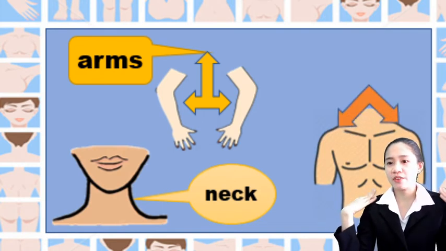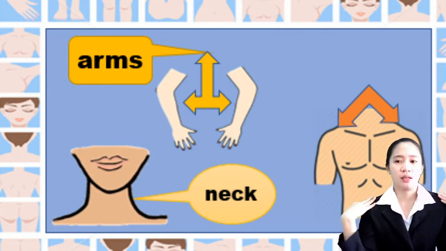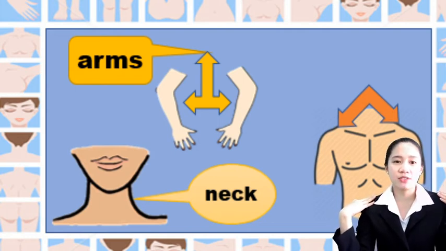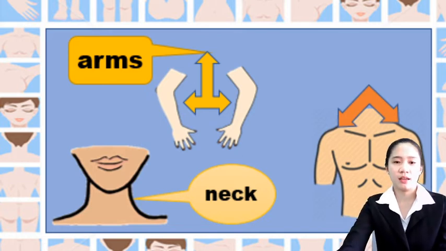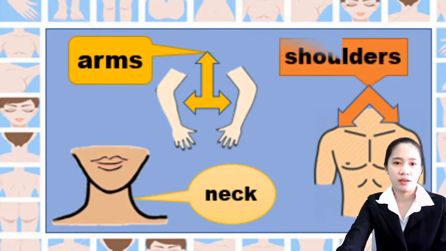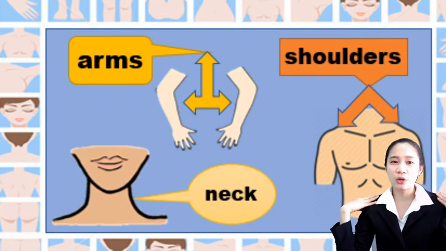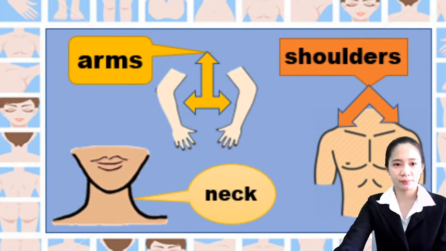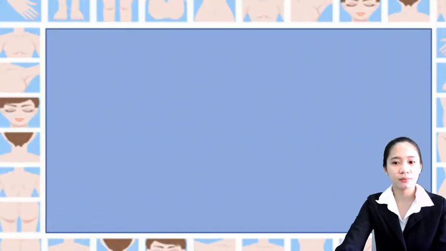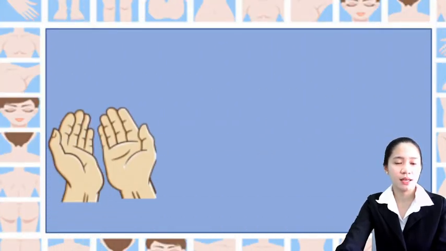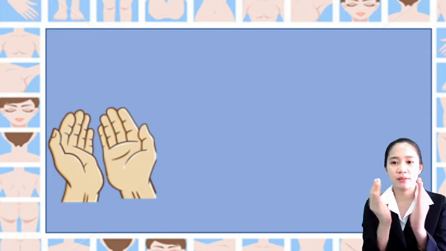shoulders. So we have here shoulders. How many shoulders do we have? So we have 2. Everybody touch your shoulders. Very good. So this part of our body is what we call shoulders. Next, this one.